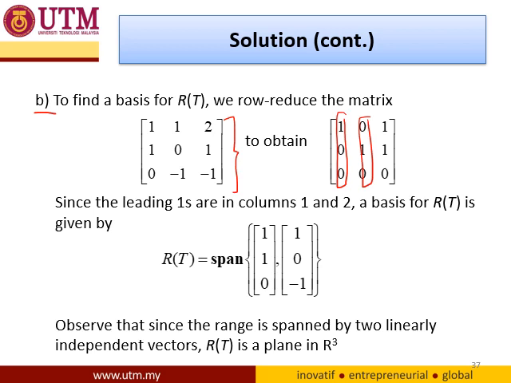The leading ones are in columns 1 and 2, and the basis for the range is given by the span of (1, 1, 0) and (1, 0, -1). Observe that since the range is spanned by two linearly independent vectors, the range of T is a plane in R3. So basically you get your answer, but this is all you learn in chapter 3.